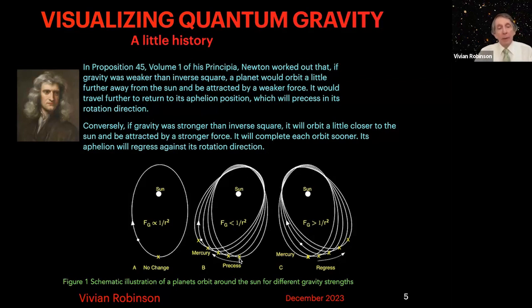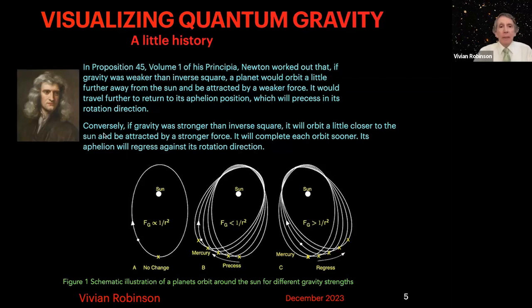That is shown here. It travels a little bit further away than here, so it has to travel a little bit further and take a little bit longer time to reach its aphelion position. And it continues doing that, and its aphelion position then will precess in its direction of rotation.